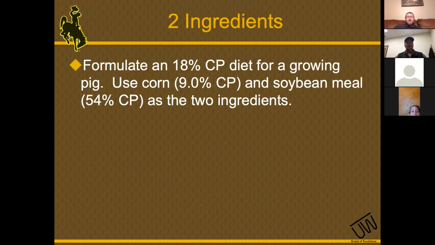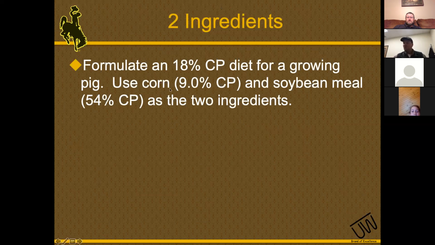All right, so here's the first example. I'm going to show you 3 different ways to do this. The first one's probably the most complicated. So here's my example. We're feeding pigs, and I need an 18% crude protein diet for these pigs. I've selected corn and soybean meal as my protein sources.